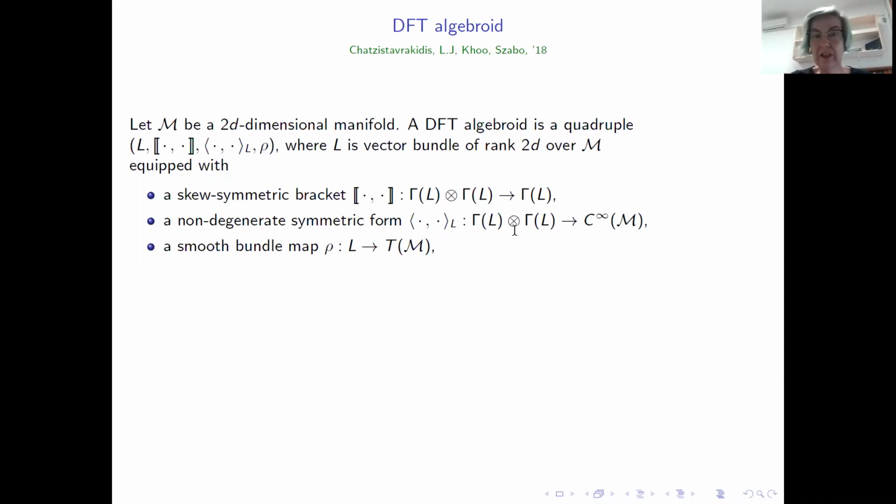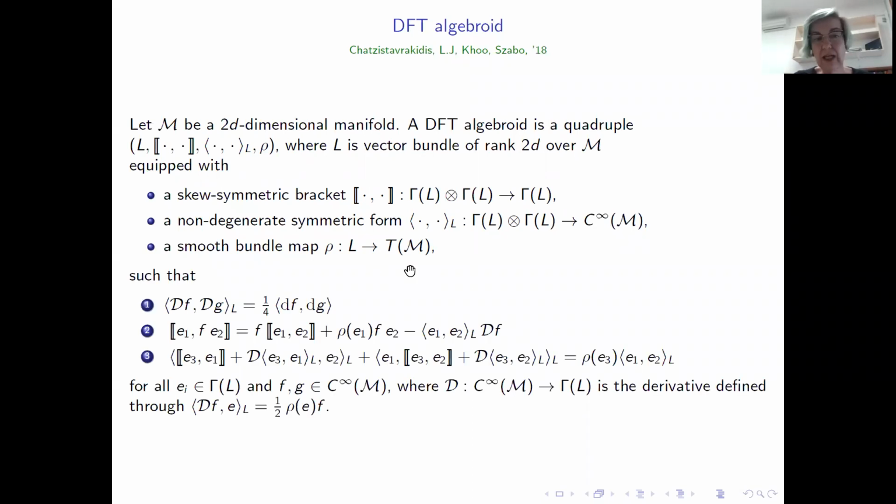A DFT algebroid is a quadruple, consisting of a vector bundle L of rank 2D over M, equipped with a skew-symmetric bracket, a non-degenerate symmetric bilinear form, and a smooth bundle map ρ from the bundle L to the tangent bundle of the 2D-dimensional space-time, such that certain properties of this structural data hold, in particular, these given here.